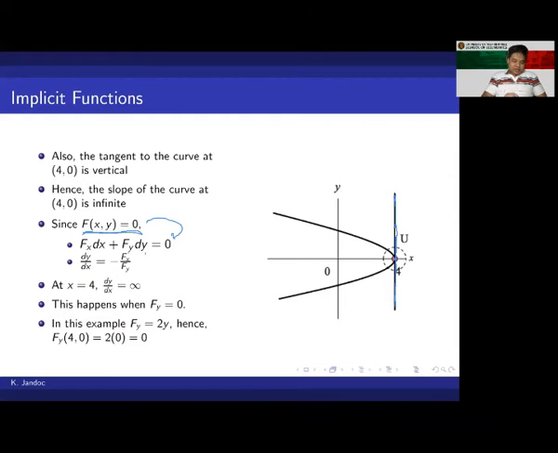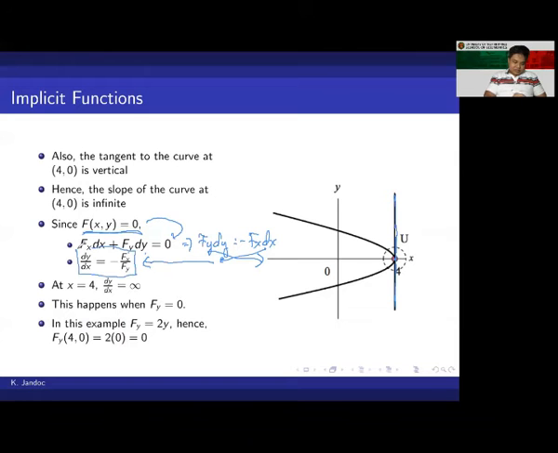Now, if you move things around, we have fy dy equals negative fx dx. If you move dx over to this side, and fy to this side, you will end up with this equation.